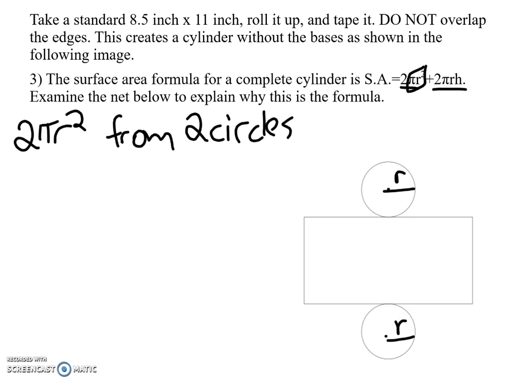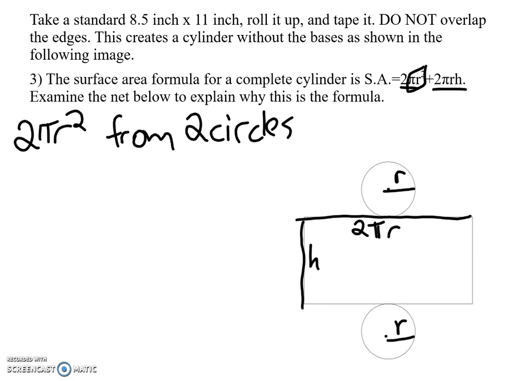So then the problem comes into, well, where does the 2 pi r h come from? Well, the h, we know we get from the side that connects the two circles in a cylinder. So then the question is, well, why is this labeled then? We think about what's going on, that has to be the 2 pi r, because the h is on the other side.